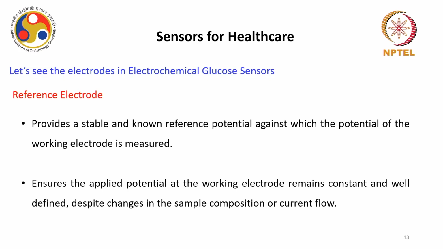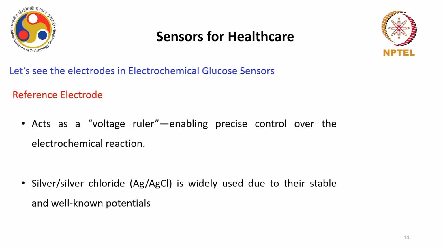Despite the sample composition changing, and despite current flowing, the working electrode potential remains constant. Basically, it is acting as a voltage ruler, enabling precise control over the electrochemical reaction by controlling the voltage at the working electrode. Mostly this kind of constant potential can be provided by silver chloride electrodes, and that is why AgCl electrodes are widely used, because of their well known and very stable potential.